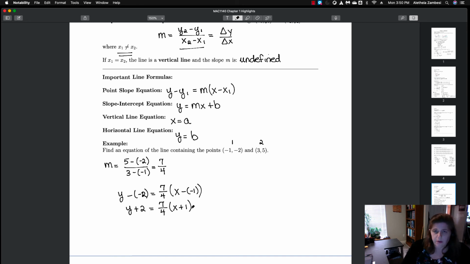I'm going to distribute and then I'm going to move the 2 over. So y plus 2 is equal to 7/4 x plus 7/4. Subtracting 2 from both sides to isolate my y, I get y is equal to 7/4 x, and 2 in fourths is 8/4. So 7/4 minus 8/4 gives me minus 1/4. So this is the equation of my line in slope-intercept form.